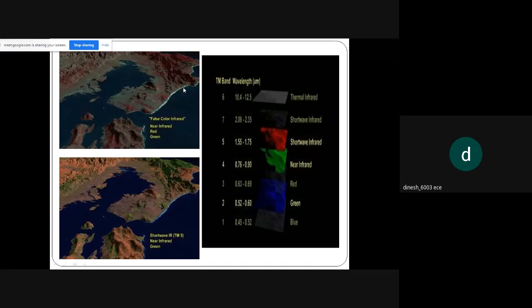You can see a thematic mapper's picture. It is taken in false color infrared: near infrared, red and green. So the corresponding wavelengths will be reflected.